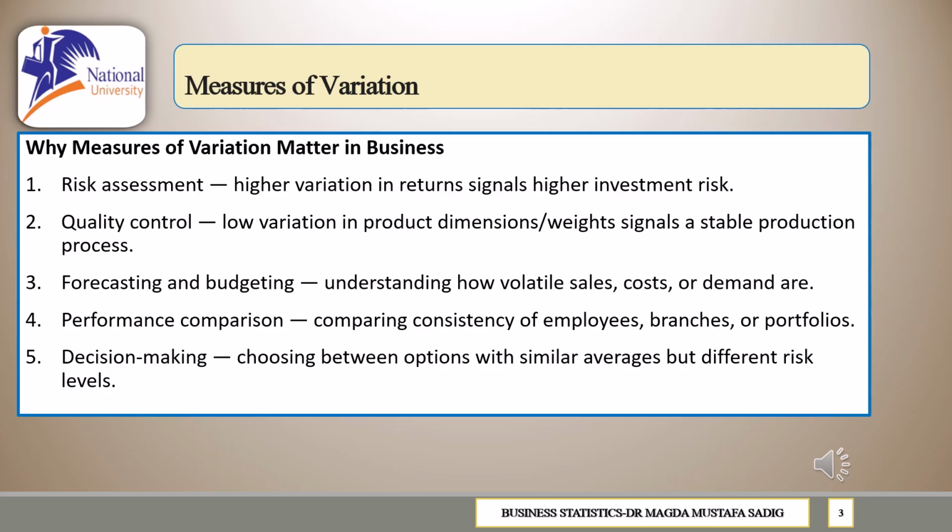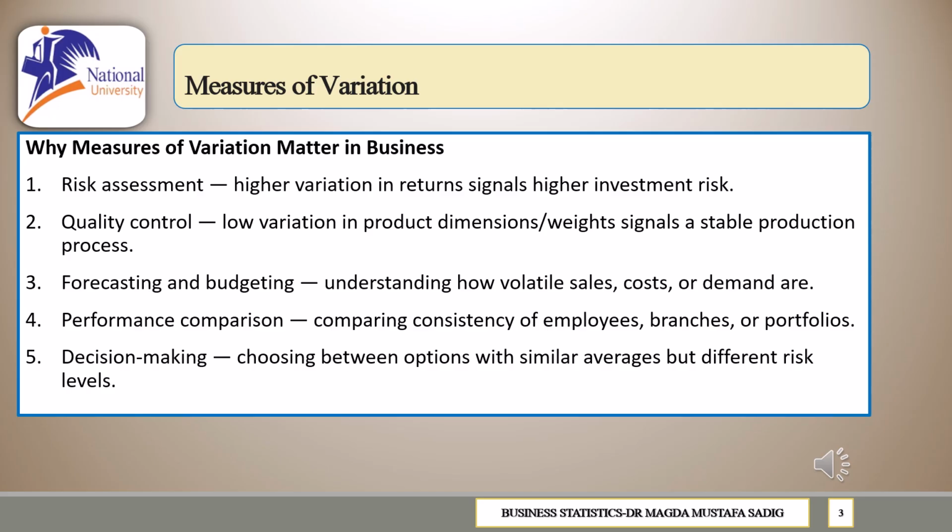But if some bottles contain 450 milliliters, while others contain 550 milliliters, variation is high. This may indicate a quality control problem. Therefore, low variation in product dimensions or weights usually indicates a more stable production process.